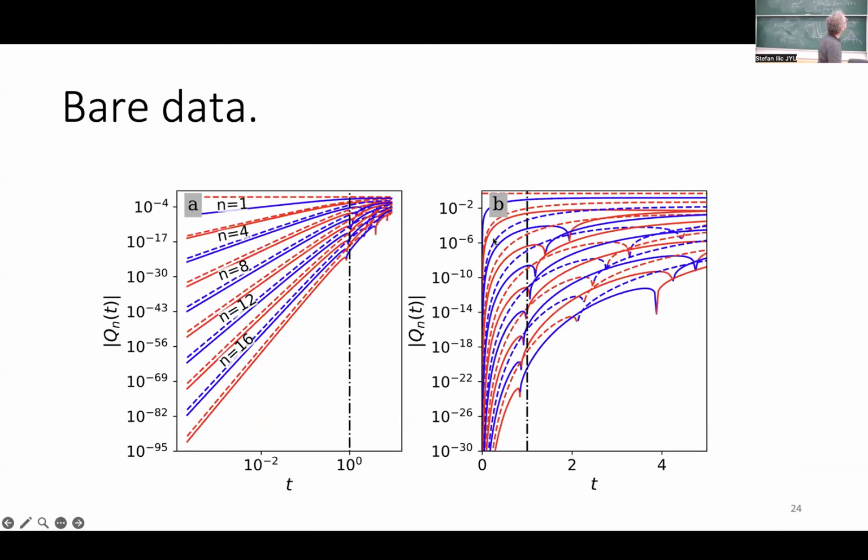Just to show you this, here Q_n is the same as I_n, the kind of data that you get. T here is the time since you switch on the interaction. So actually what you do is you switch on the interaction and you wait until it relaxes.